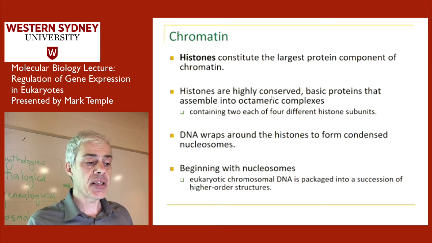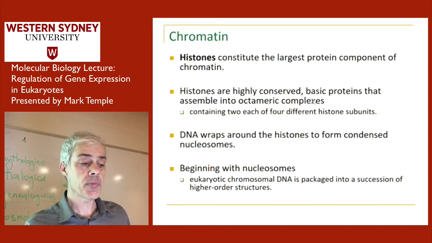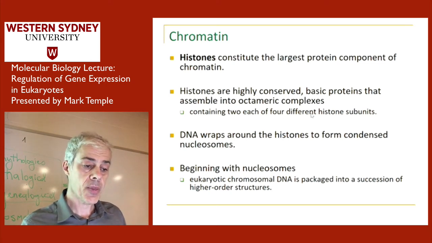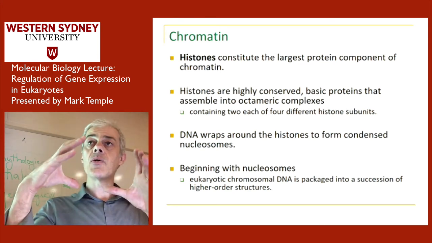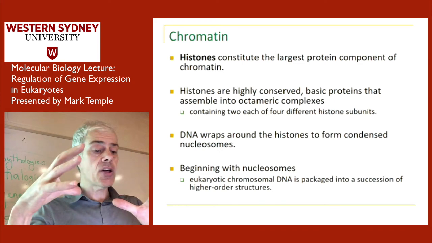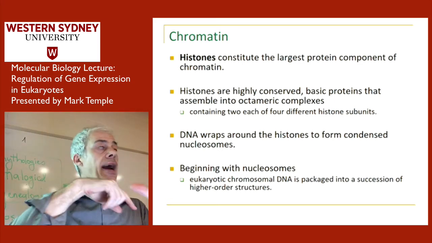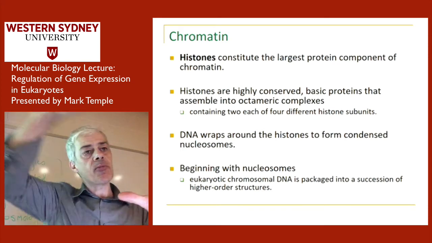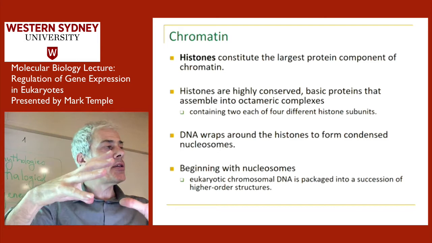Okay, so histones are highly conserved. They're basic proteins, and they assemble into these octameric complexes, this disc-shaped structure that I'll show you. Each octamer contains each of the 4 histone subunits. Now, when you've got your disc of histones, DNA wraps around the outside of the disc. It's about 2 wraps. It goes about once and maybe a bit more, so it almost wraps around twice.